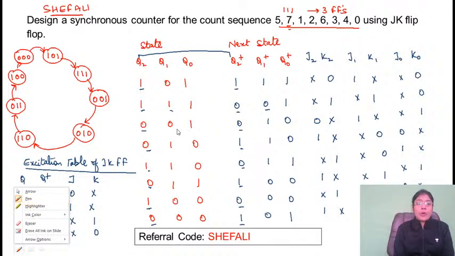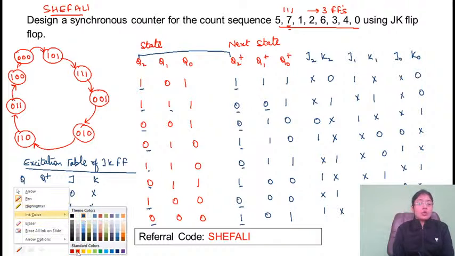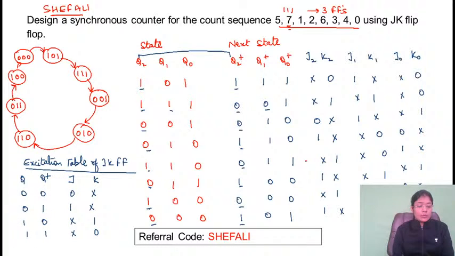This is not 0, 1, 2, 3, 4, 5, 6, 7, 8; the cells of the K map are arranged differently. Okay, so I can't change the position of the image. Let me rewrite it.